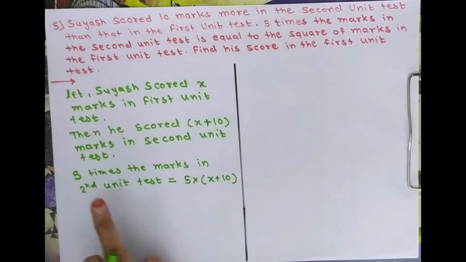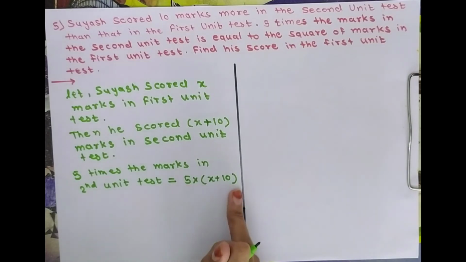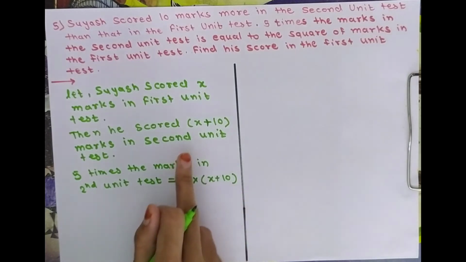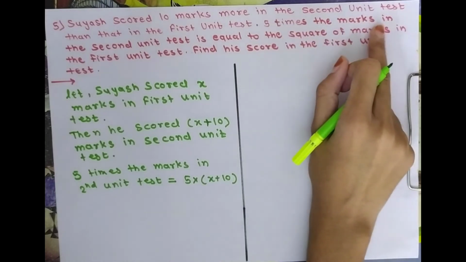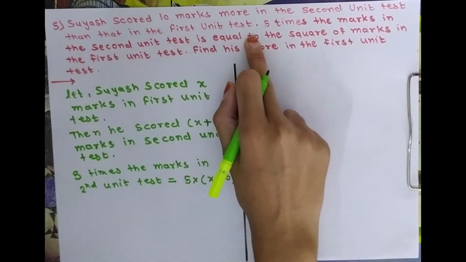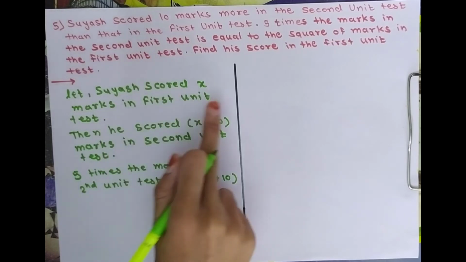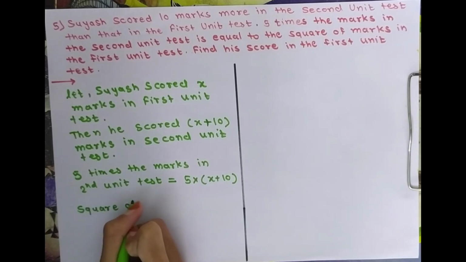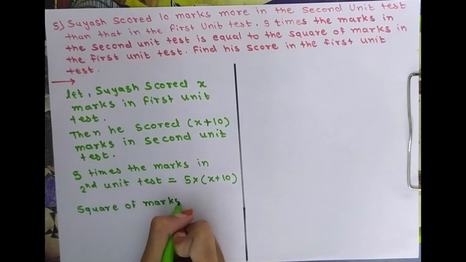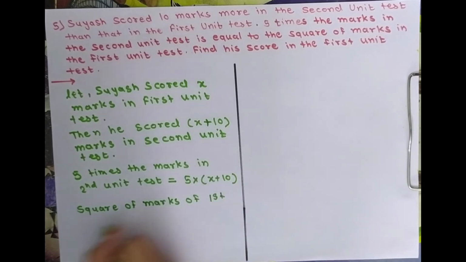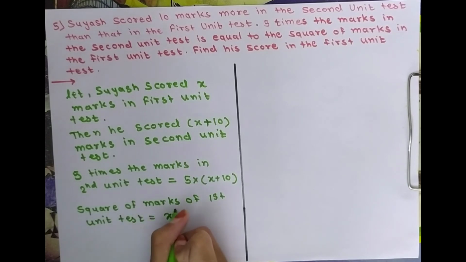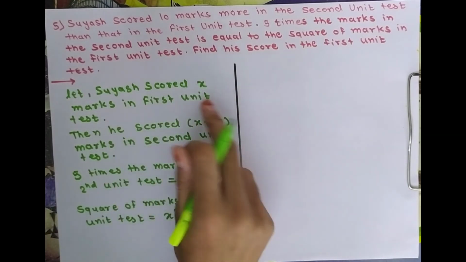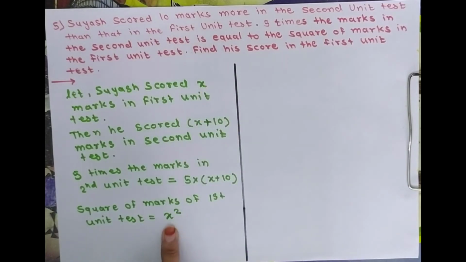So 5 times marks in second unit test we write as 5 into X plus 10. And here what given, 5 times marks in the second unit test is equal to the square of marks in the first unit test. First unit test marks is what? X. So square of marks of first unit test is equal to x square. Square of marks in first unit test x, so its square is x square.